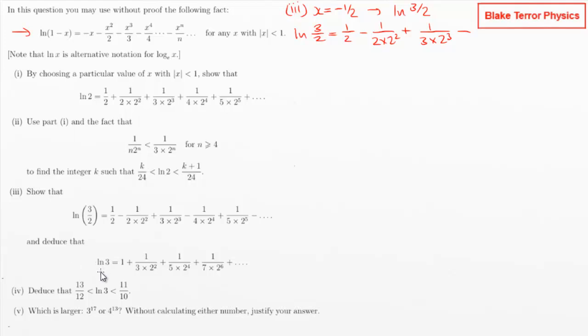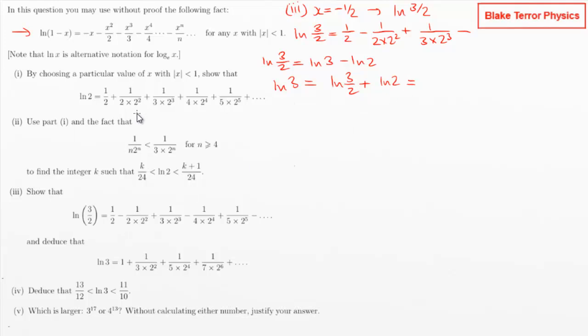So deduce that log 3 is equal to this. Right, okay, no problem. So we've got log 3 over 2 is equal to log 3 minus log 2. So log 3 is equal to log 3 over 2 plus log 2. And that means we've got, well, let's just add these two things together.